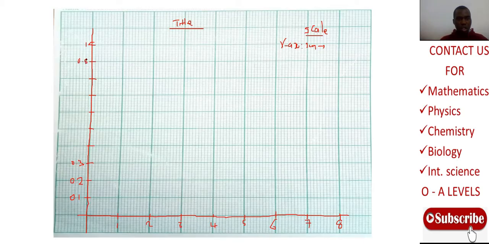0.8, this is 0.7, this is 0.6, so this is 0.4, this is 0.5, so let's count 1, 2, 3, 4, 5, this is supposed to be 0.6.